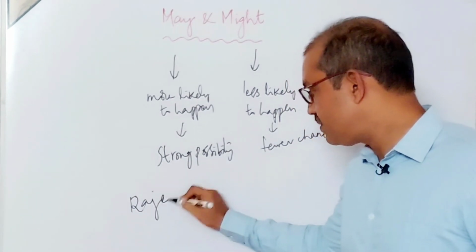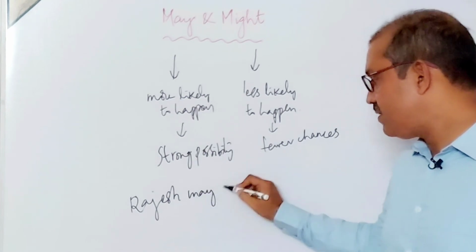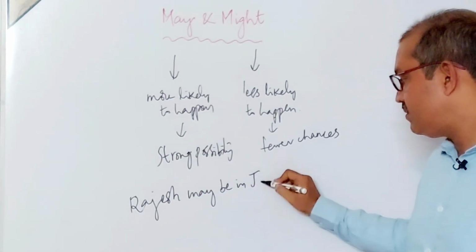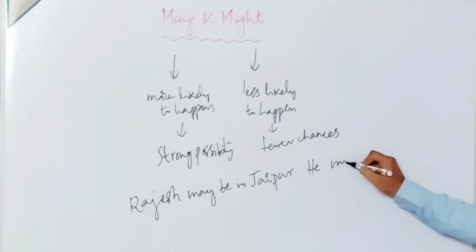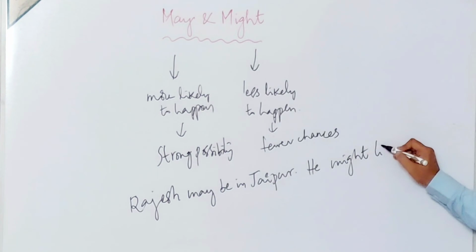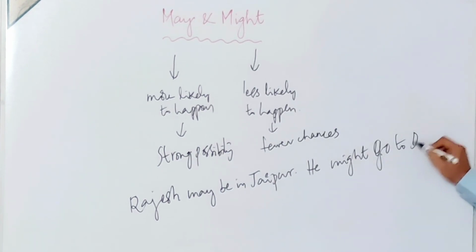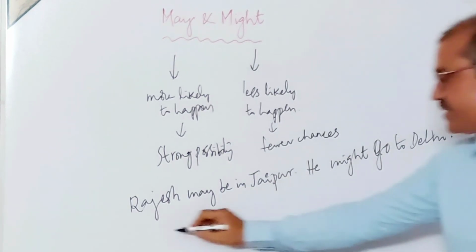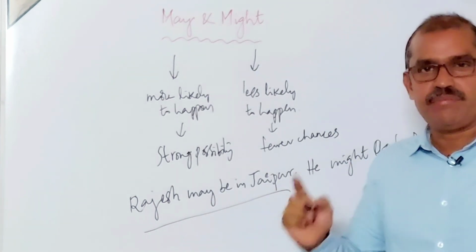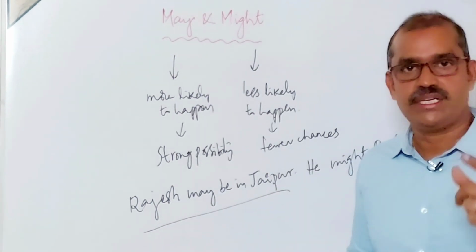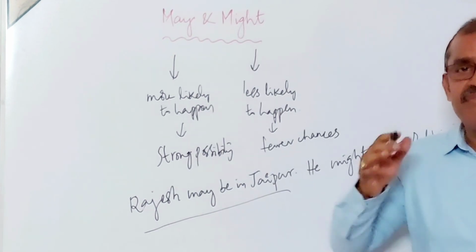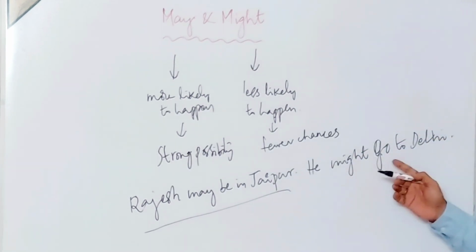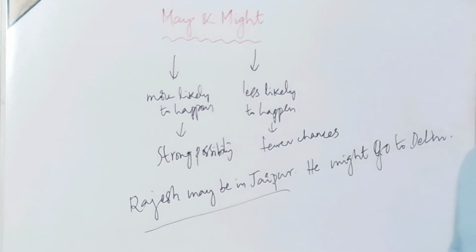Rajesh may be in Jaipur. He might go to Delhi. Look at this example. Rajesh may be in Jaipur. That means there is some sort of surety that Rajesh in Jaipur, but he might go to Delhi. That means there are very fewer chances of going to Delhi, right?